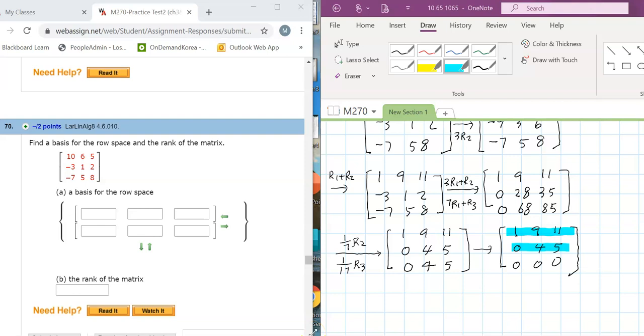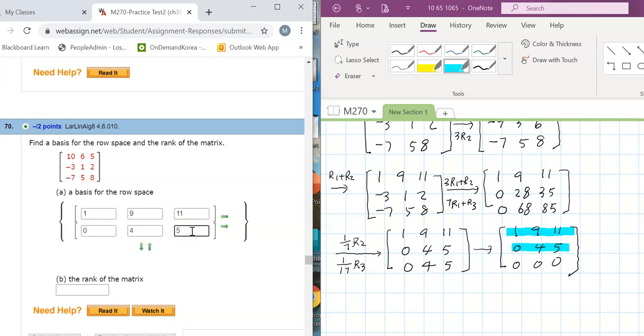So I'm going to use this too as the answer. So let me put the answers in there. So it is 1. Okay, here 1, 9, 11. Okay, here just to prove my point, you don't have to go all the way. That's what I'm saying. 1, 9, 11, and then 0, 4, 5.